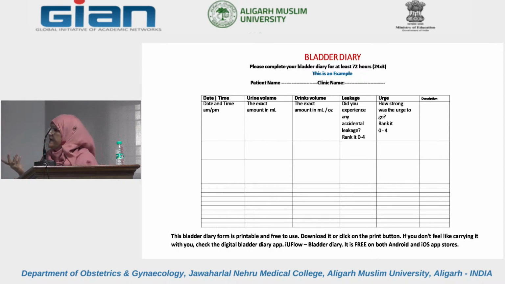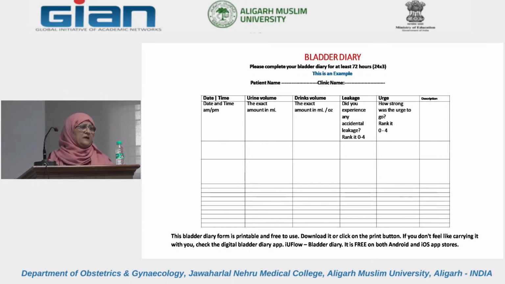Whether she leaked, an accidental leak, and urgency, how much was the urgency, I will tell you how to describe it on a scale, and a description, like what she was doing at that point of time. Maybe she was in the market, shopping, and she had all these problems. At that point she will note what leakage, if it occurred, and what she was doing at that time. So the bladder diary has to be maintained.